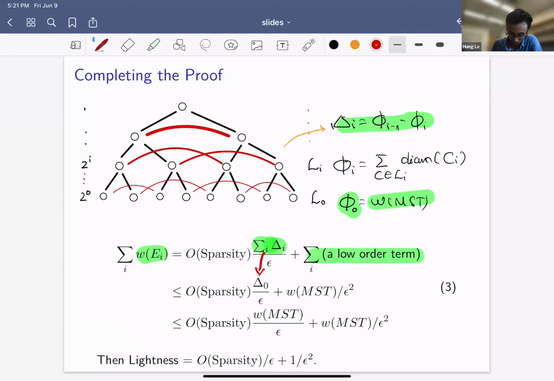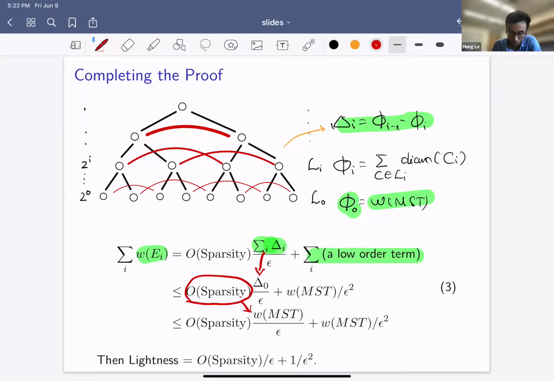And so we have that the total weight of edges added is of order the sparsity times the weight of the MST over epsilon, plus the low order term. The sum of all low order terms is going to be the weight of the MST over epsilon squared.